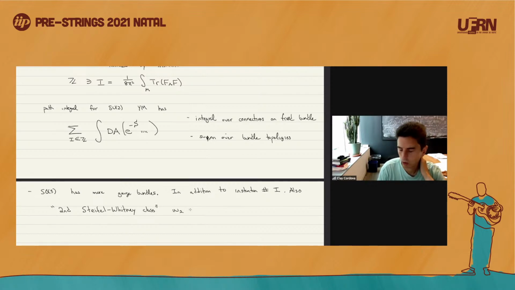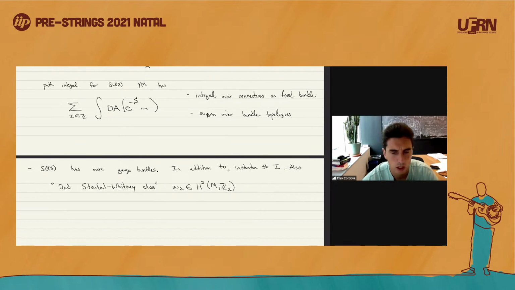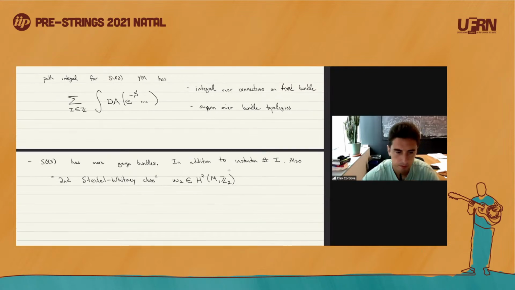And what kind of object is it? It's a cohomology class in H^2 of M with coefficients in Z_2. So what is this? Some of you may have seen it before, some of you may not have. You could think of this as a Z_2-valued magnetic flux.